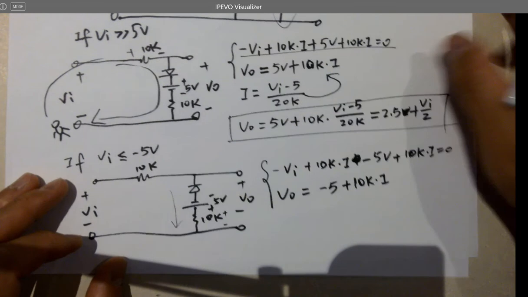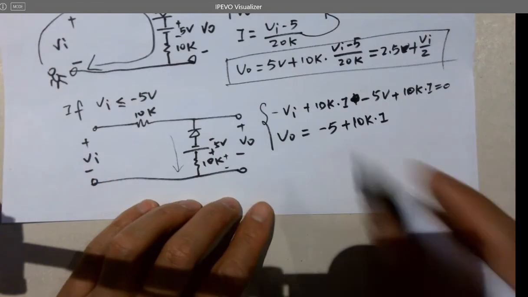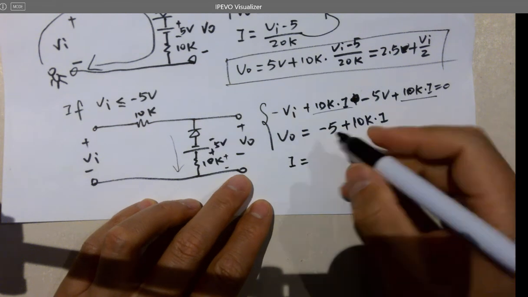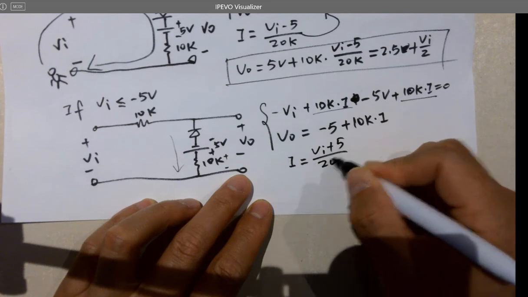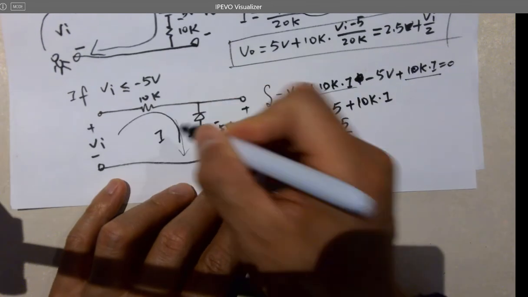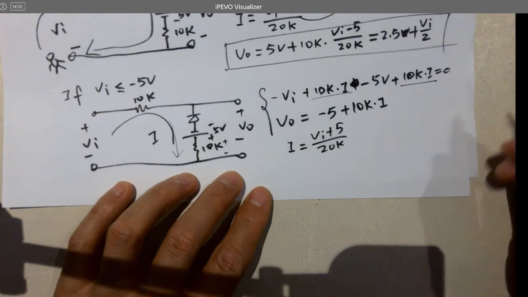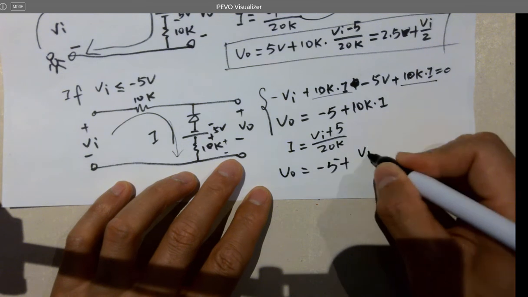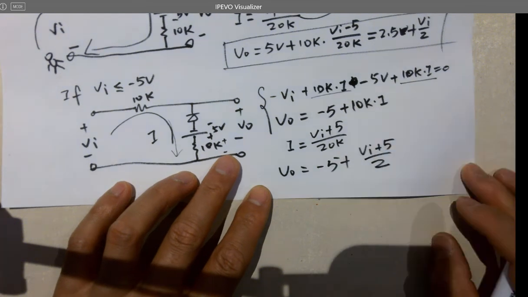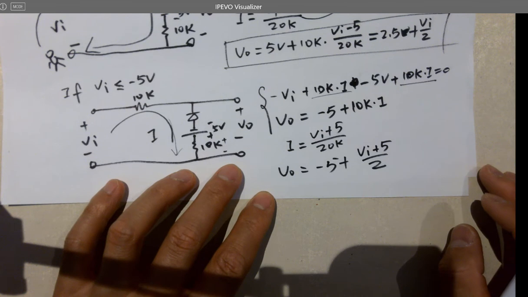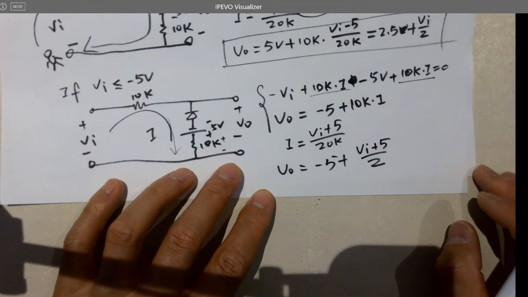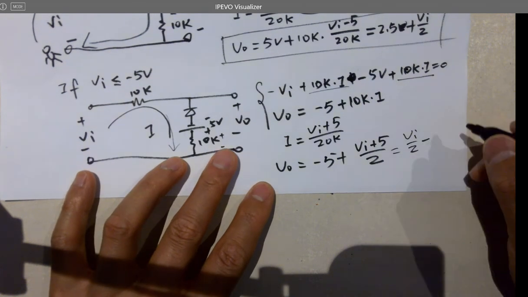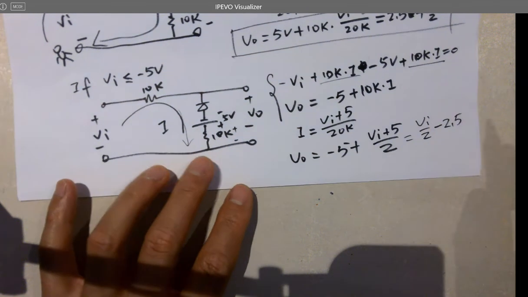So I can do the calculation. There will be a negative sign afterwards. So I equals VI plus 5 over 20K. This is I, like that. So VO equals negative 5 plus VI plus 5 over 2. Is that right? Which is VI over 2 minus 2.5. I'll calculate it.